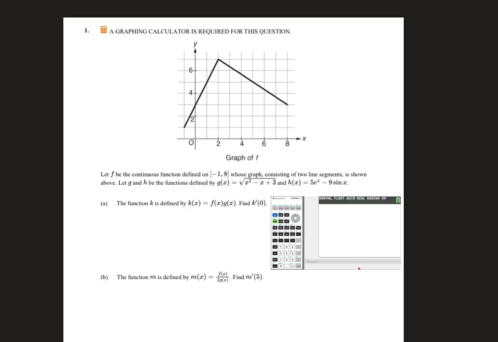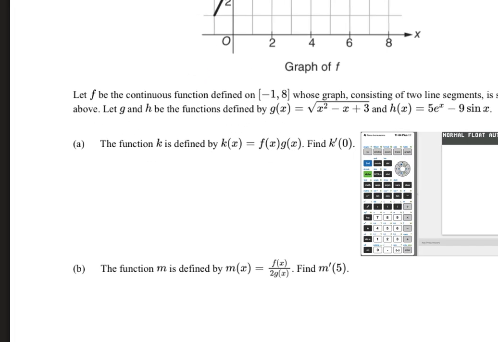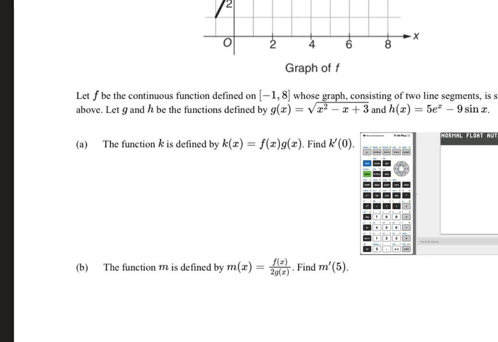Okay, so first off, in order to find k prime of 0, we need to find k prime of x first. So let's do that. All right, and then k is defined as two functions multiplied, so we'll do product rule for this one.